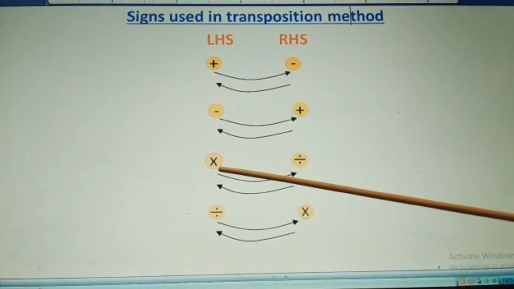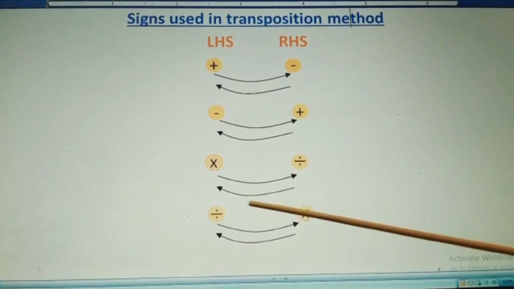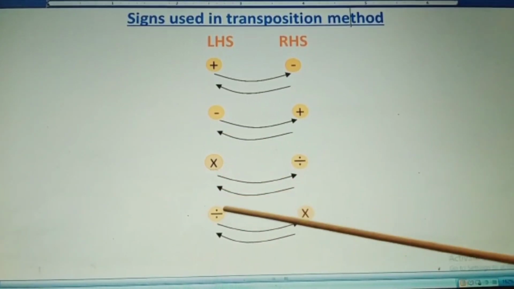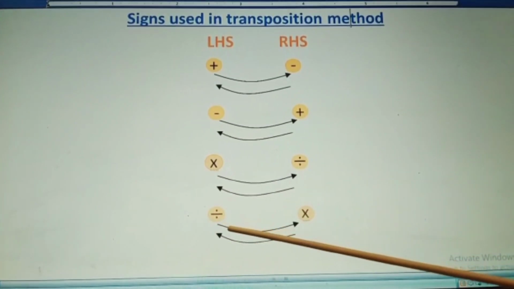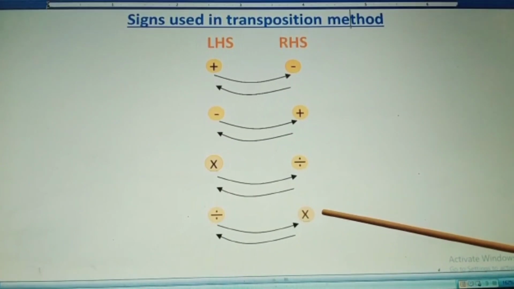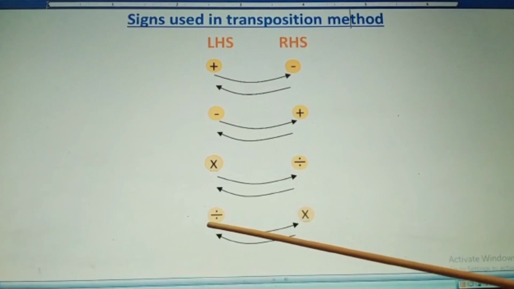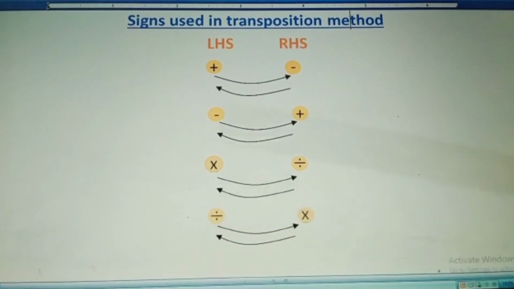Multiplication sign in LHS will become division sign in RHS, and vice versa. Next, division sign in LHS will become multiplication sign in RHS, and multiplication sign in RHS will become division sign in LHS.